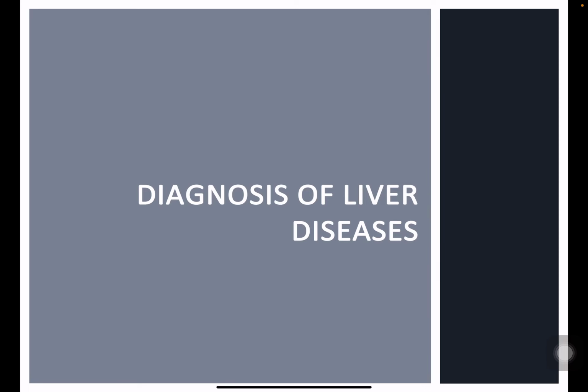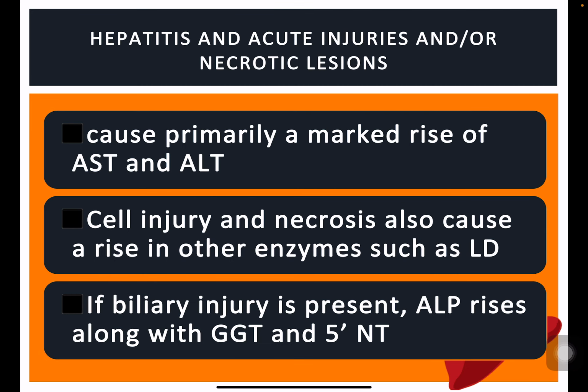So, having all those discussed, now let's proceed to the diagnosis of liver diseases. So, in hepatitis and acute injuries or necrotic lesions, it causes primarily a marked rise of your cytosolic enzymes AST and ALT.